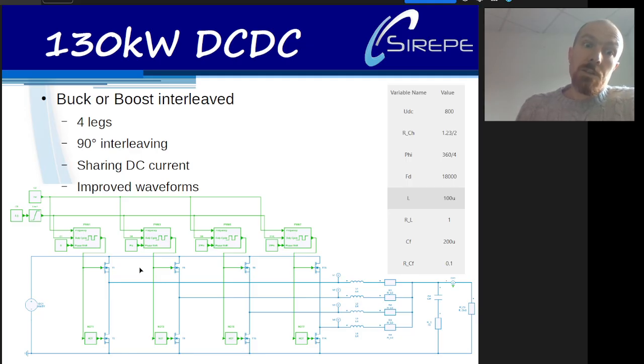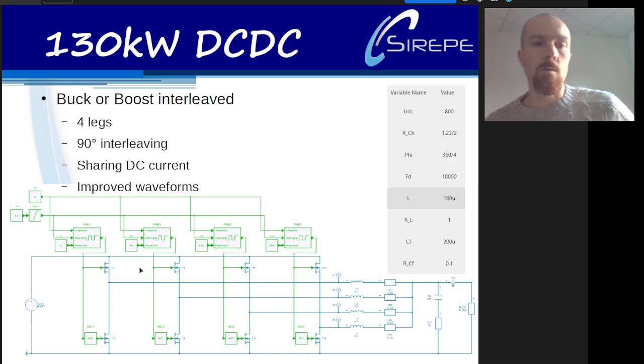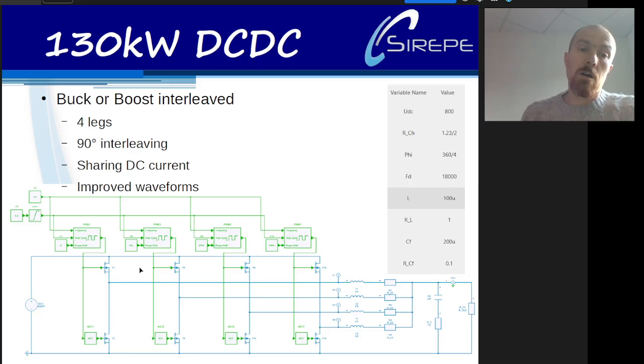But the battery current is very high, 360 amps, so we want to share this current between more than one semiconductor. So we decided to implement 4 legs interleaving for each converter, positive and negative.